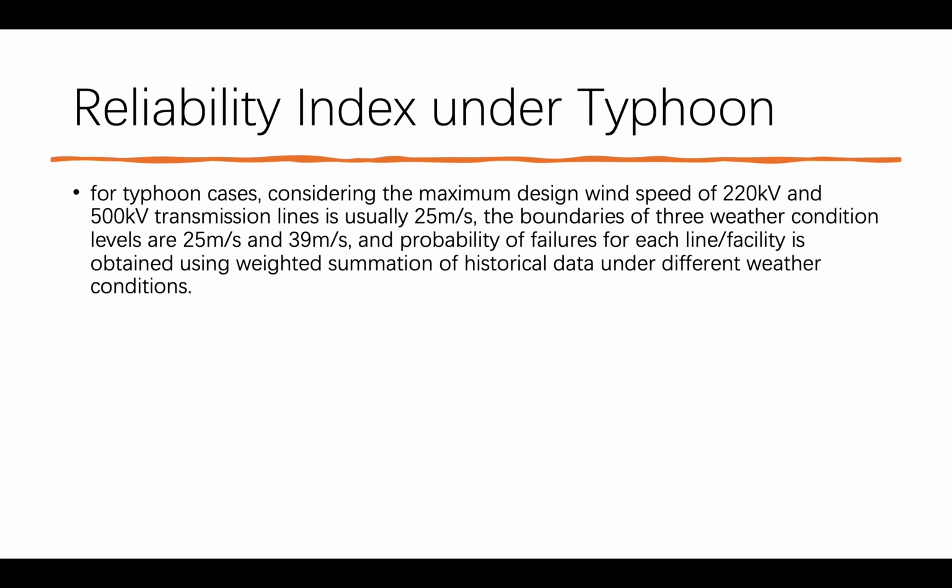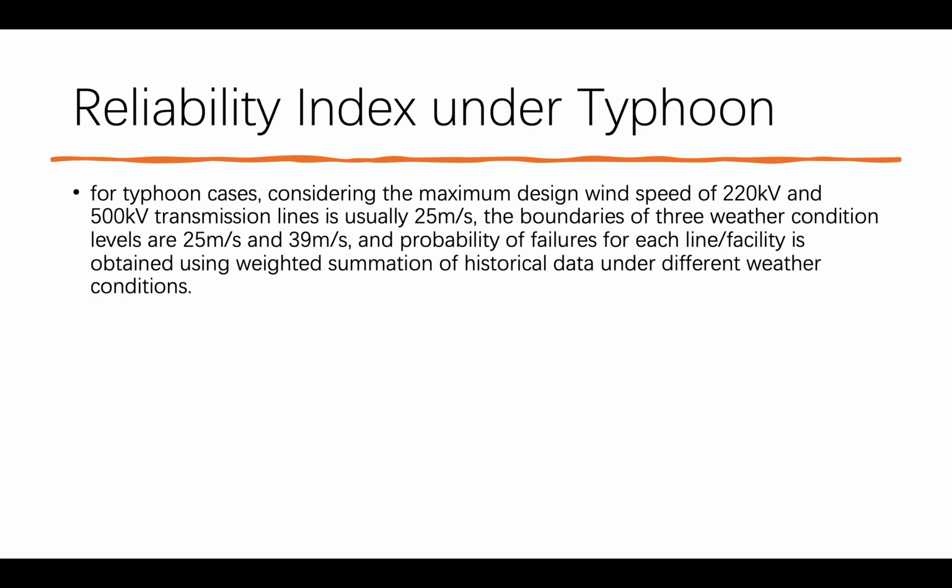Also, I want to talk about the reliability index under the typhoon, the severe weather. For the typhoon case, considering the maximum design wind speed of the 220 kV and 500 kV transmission lines is usually 25 meters per second, the boundaries of the three weather condition levels are 25 meters per second and 39 meters per second.